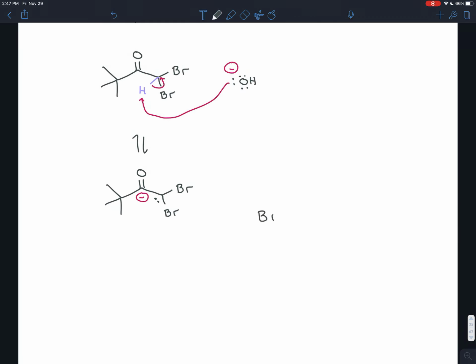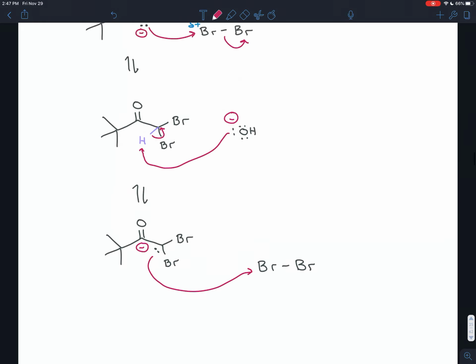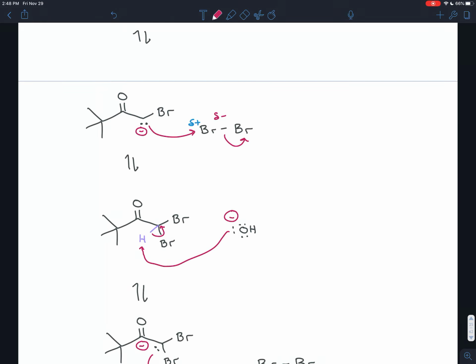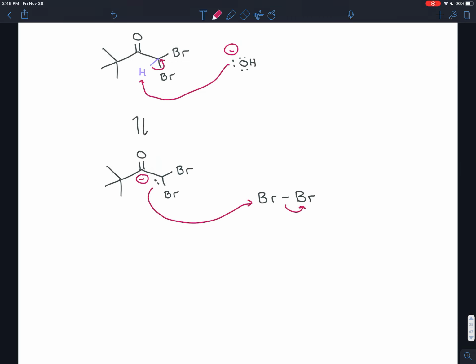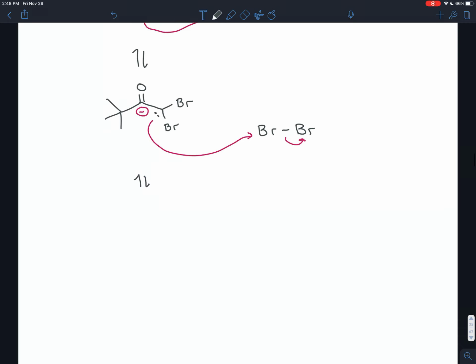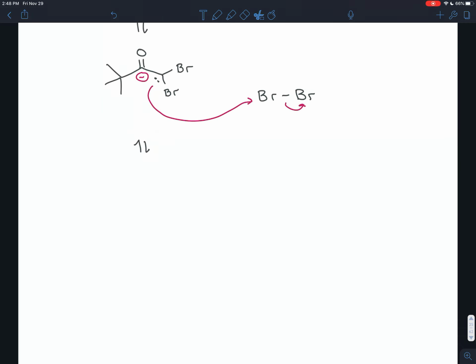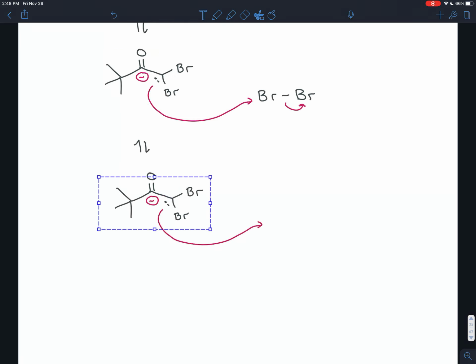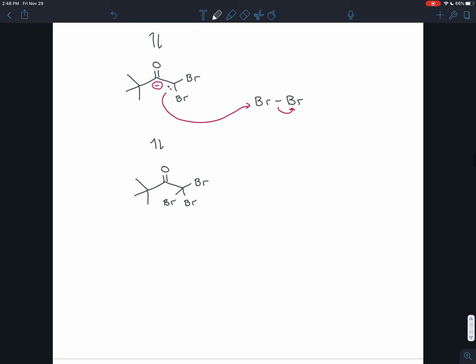and that can do another SN2 reaction with the bromines in the solution. So this can attack one of those bromines in which you have that induced dipole, kicks the other bromine off. This is our last sort of SN2 reaction we can do on that alpha carbon, and what we end up with is 3 bromines on that carbon.